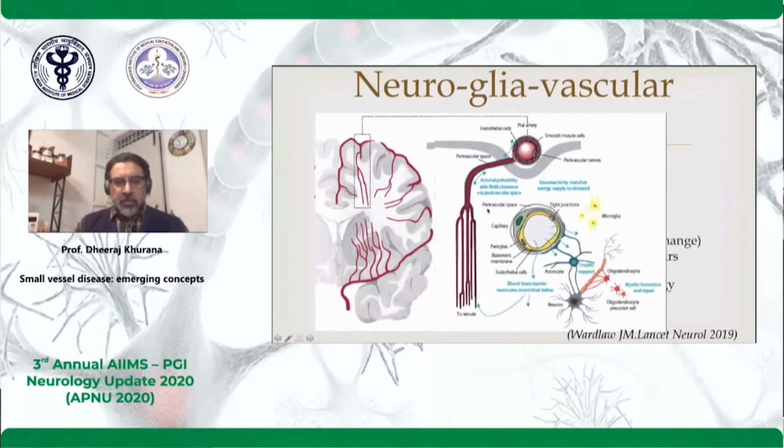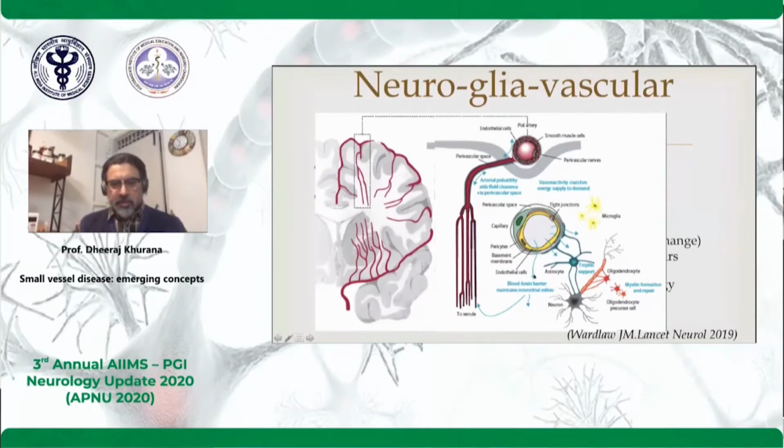If we take a cross-section of the blood-brain barrier, we look at the perivascular space, the endothelium, its basement membrane, the pericytes, and the astrocyte, which forms the foot process over here, and all of these are in close proximity to the small blood vessel which is going inside. And therefore, this is the neurogliovascular unit that I was talking about.